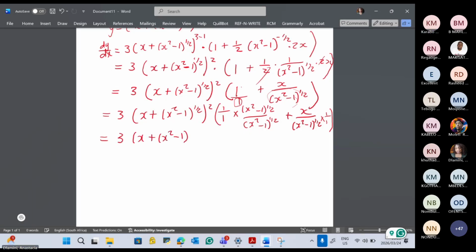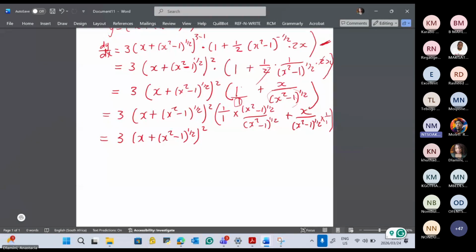I think you made a mistake. That 2x multiplies the bracket of 1 plus 1 over 2 into (x squared minus 1) to the power of minus 1 over 2. It doesn't just multiply the 1 over 2 with the power of minus 1 over 2. The first derivative, because remember that we have the first one.